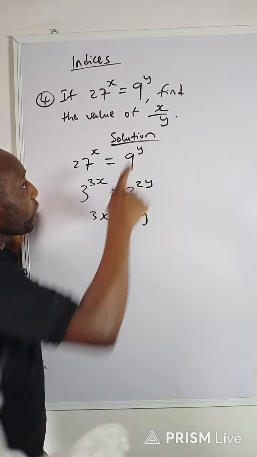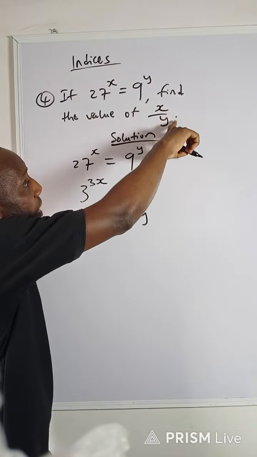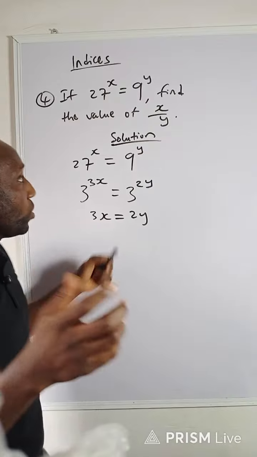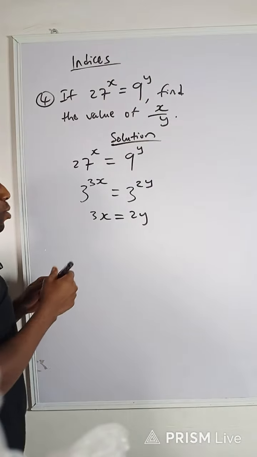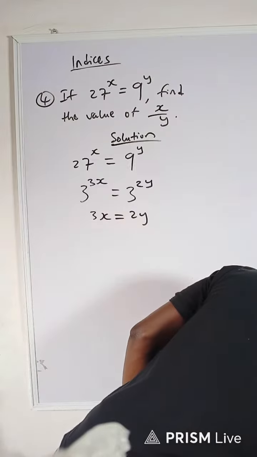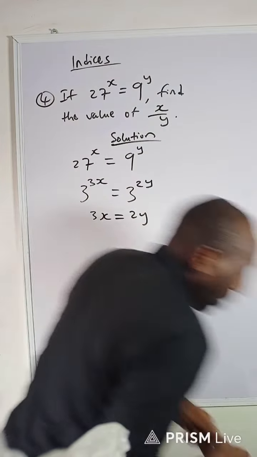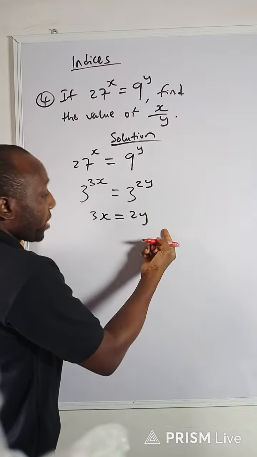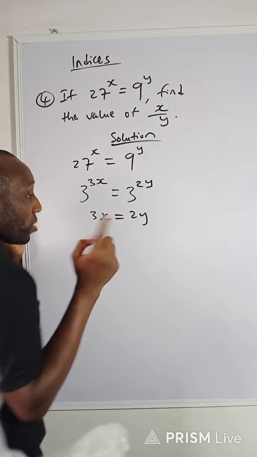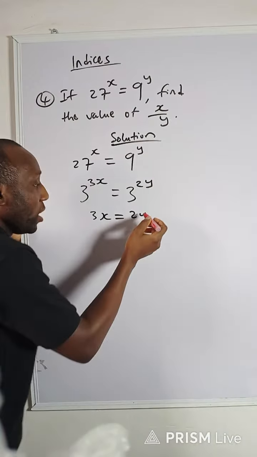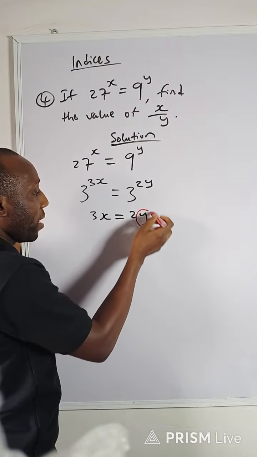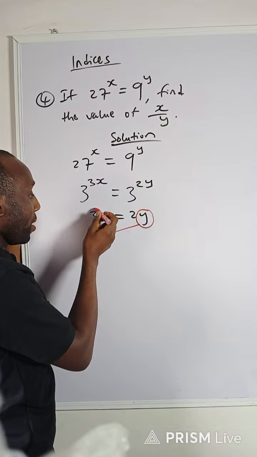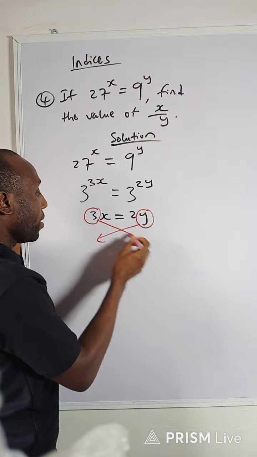Now they say we should find the value of x over y. How do we find it? See, there's a smart thing we can do here. Somebody said 2 over 3, good. Of course, you can divide both sides by y and divide both sides by 3. But the smart thing is this: I can bring this y down here, and bring this 3 down here.